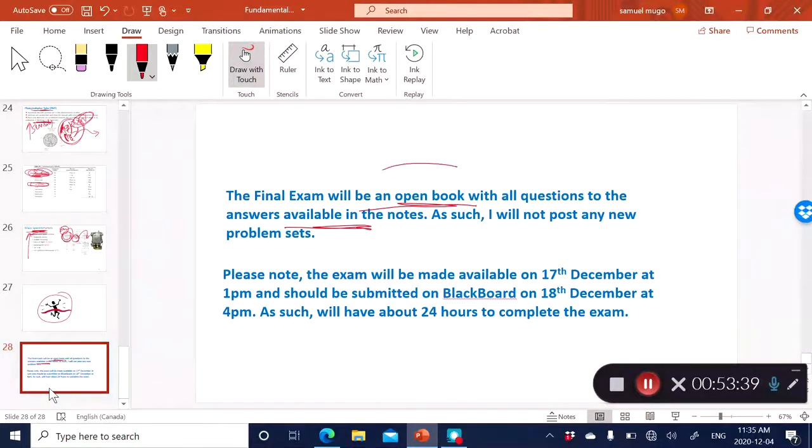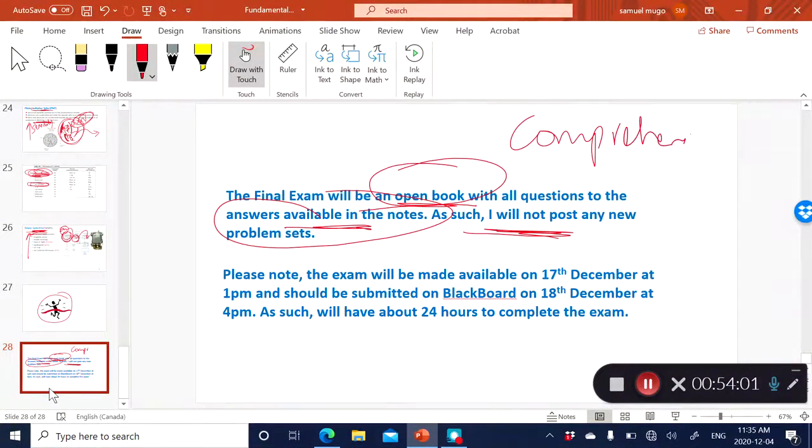And because it's an open book exam and you've got the notes and the video lectures and so on, it makes no sense for me to post a new problem set, especially for the theory segment that we covered from potentiometry to the end. However, remember, it's going to be a comprehensive exam, meaning everything we've covered from the beginning is going to be tested. Again, it's an open book exam.